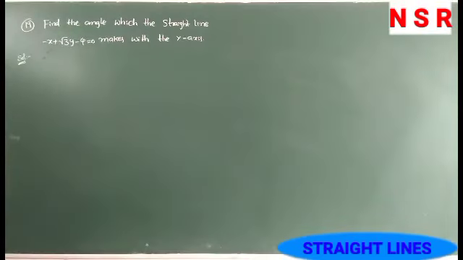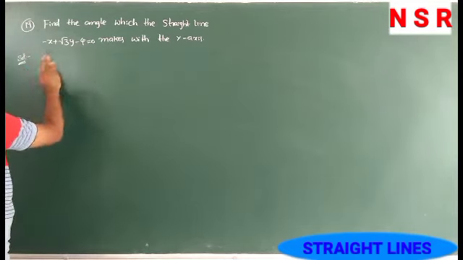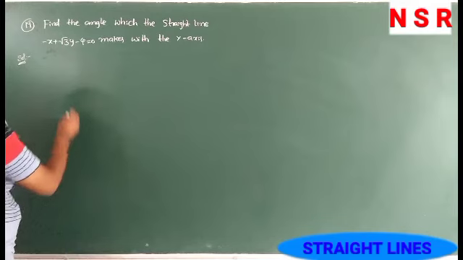Question number 19: find the angle which the straight line minus x plus root 3y minus 4 equal to 0 makes with the y axis. First change this line into y equal to mx plus c form.